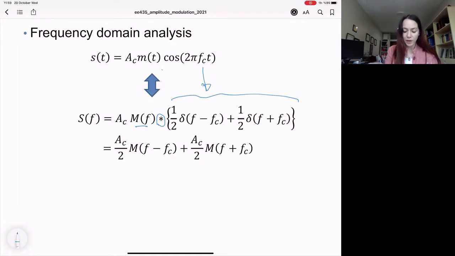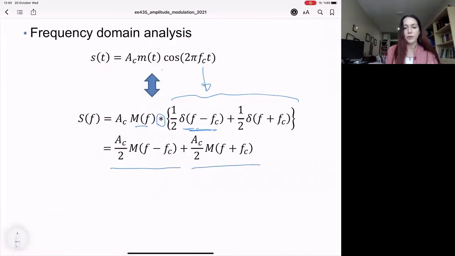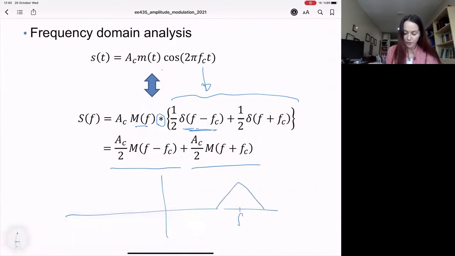And the result, of course, since convolution with an impulse is a shift, is that we have M of f minus fc times AC over 2 plus AC over 2 M of f plus fc. So we have a copy of the message shifted to the right and to the left, of course, appropriately scaled.